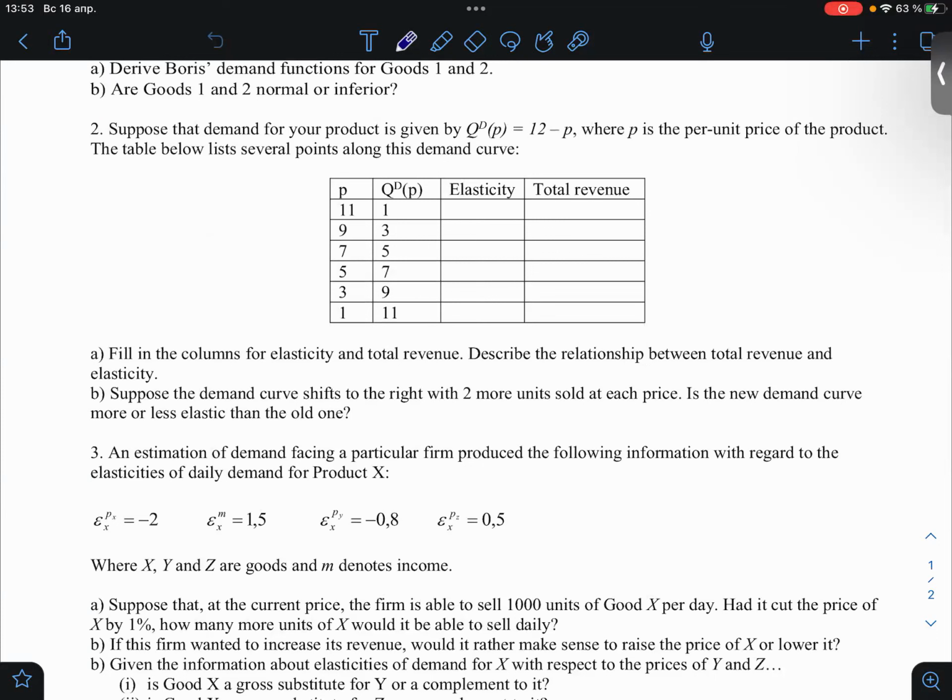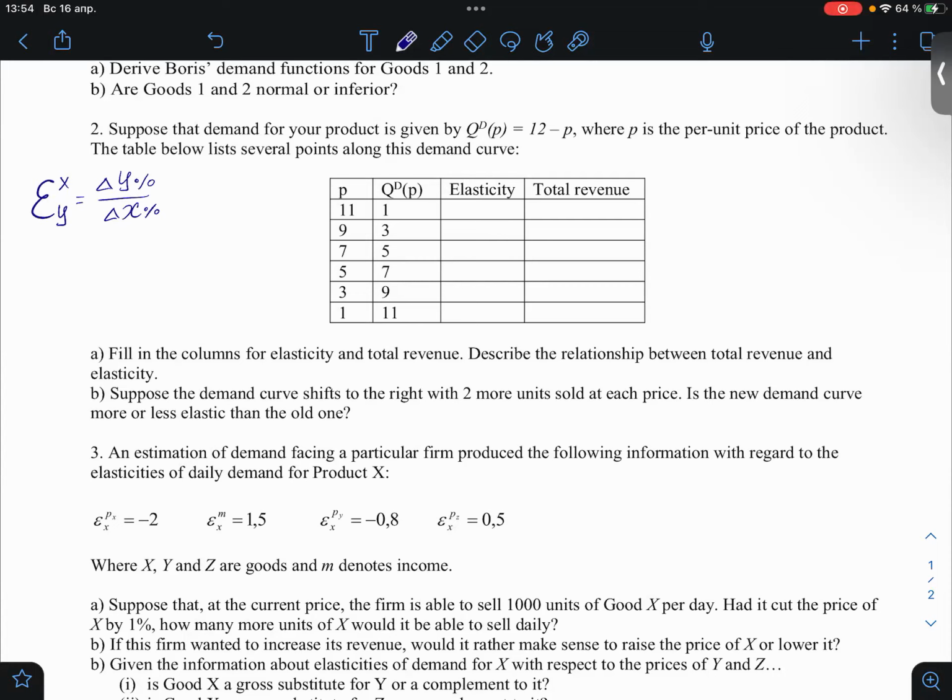Elasticity, by definition, elasticity of y by x is the percent change of y if x changes by one percent.